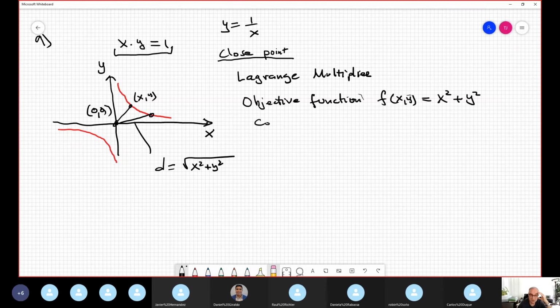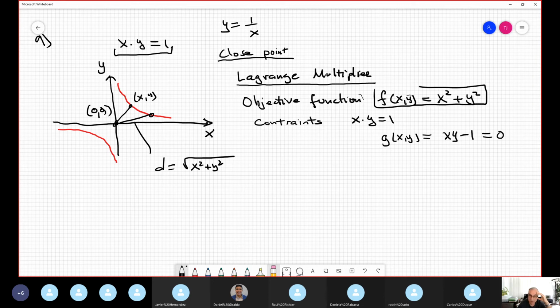Entonces, the constraint is the condition, in this case the function x times y equals 1. You express it in Lagrange multiplier language like g of x, y, in implicit form. Entonces, xy minus 1 equals 0. Wow. Objective function, constraint, expressed in the language of the Lagrange multiplier.